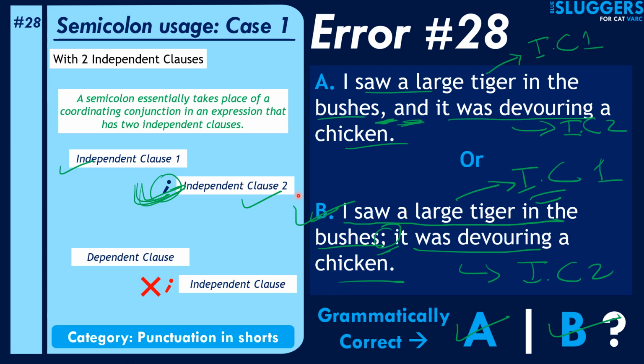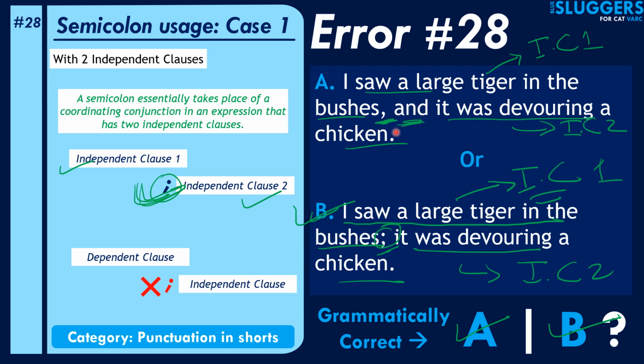The only difference is that in the first case, the items which have been used are the comma and the coordinating conjunction. In the second case, they have been replaced by a semicolon, which by the way is another good way of understanding what the semicolon does. In these cases, at least, the semicolon almost takes the place of a conjunction, a coordinating conjunction to be particular.